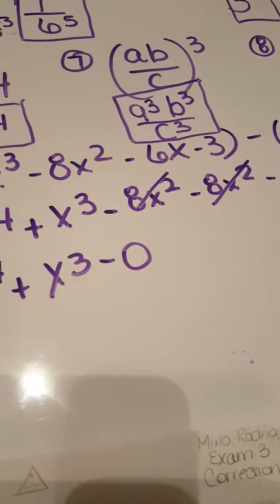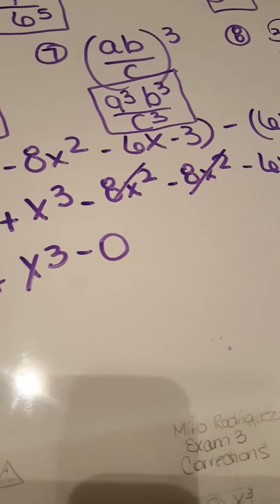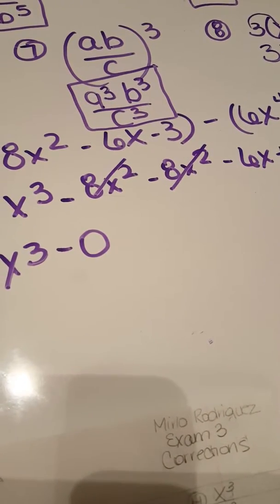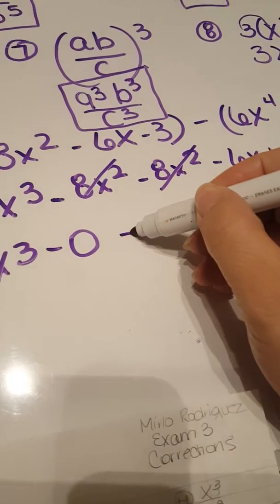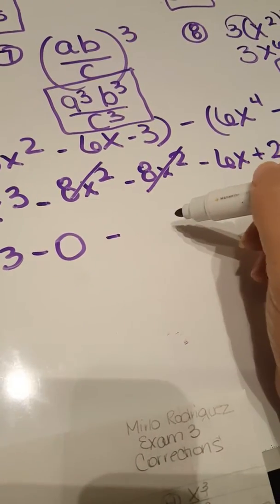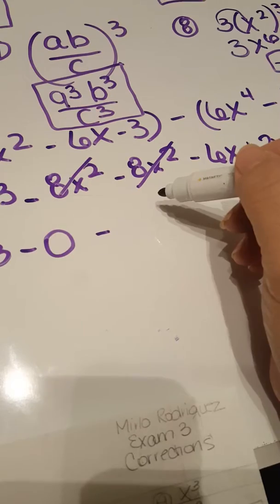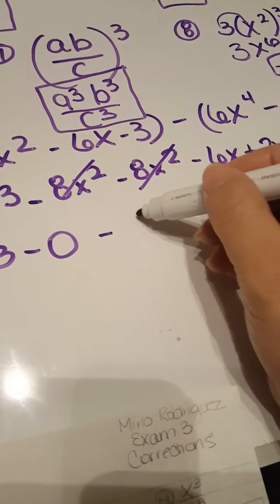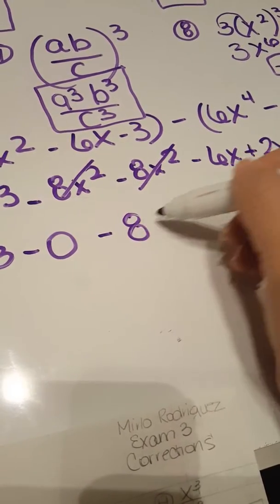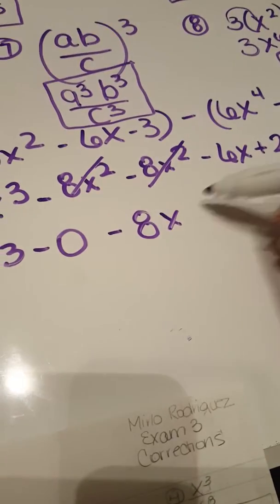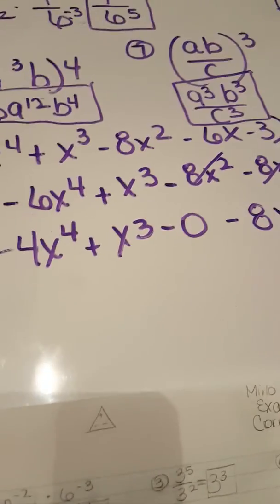And then as far as visual goes. And then your negative 6x plus the 2x is your 8x. So 8x minus 3.